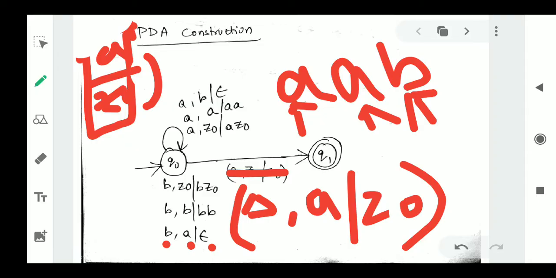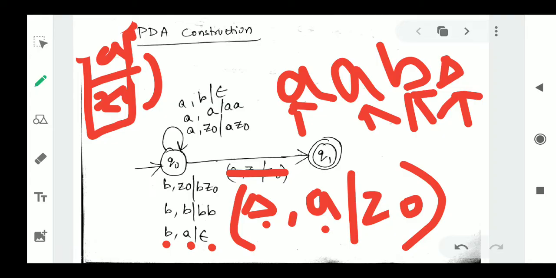So I asked you to take delta at the end of the string. So the string is over here. Now we are going to read the input symbol delta. Whenever I read input symbol delta and the top of the stack is A, we will not perform any operation.